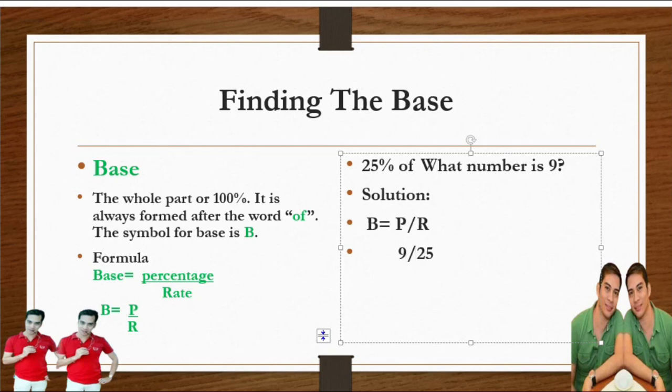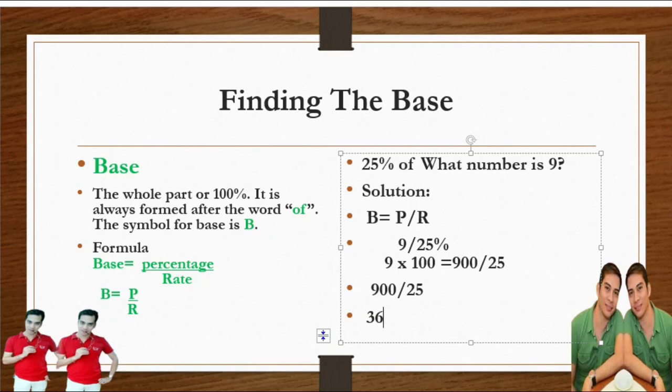So, para mas mapabilis, multiply natin sa 100, 9 times 100 equals 900. So, 900 divided by 25, the answer is 36.